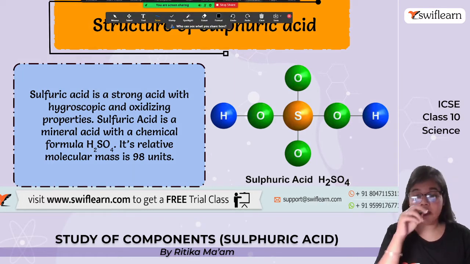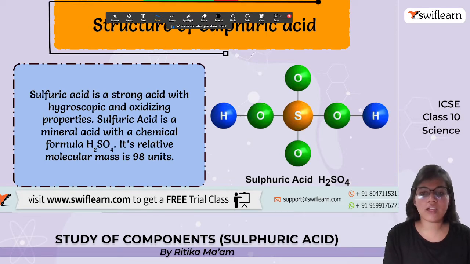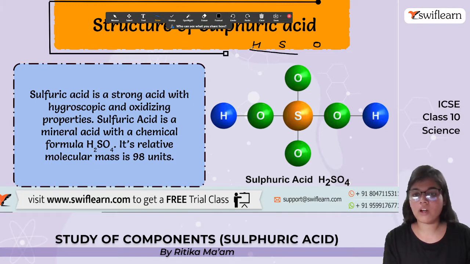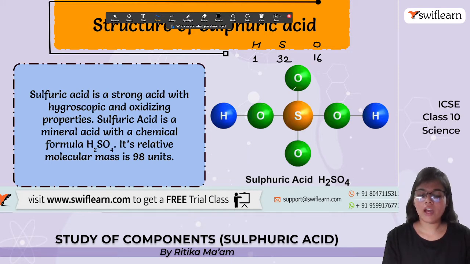Now how does the mass of 98 units happen? H2SO4 consists of hydrogen, sulfur and oxygen. Now talking about the mass, hydrogen is approximately 1, sulfur mass is 32 and oxygen mass is 16. Now what are we having?